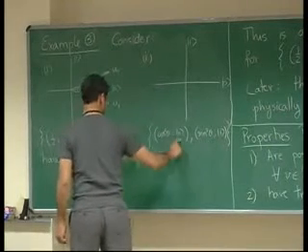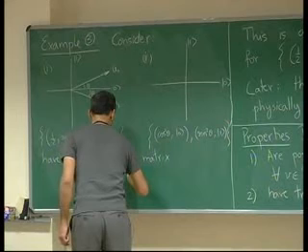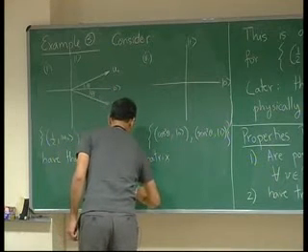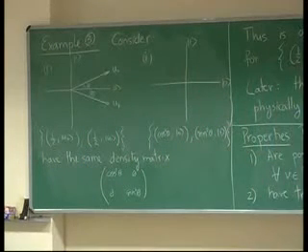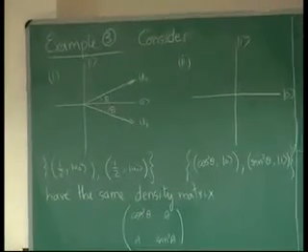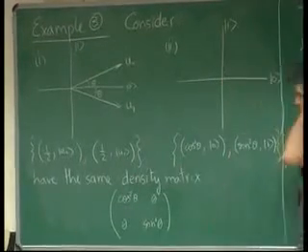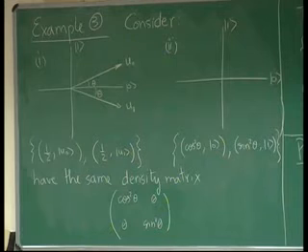And that density matrix is given by this 2x2 matrix. Okay, so this is not in general completely mixed, so it's not 1/2 the identity, but nonetheless you will see that these two are indistinguishable from each other.